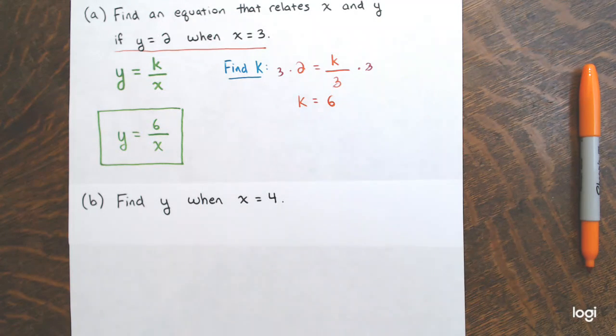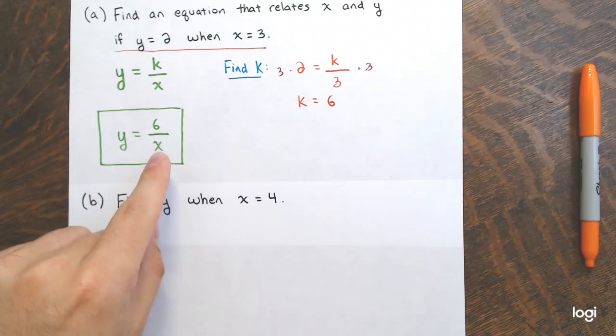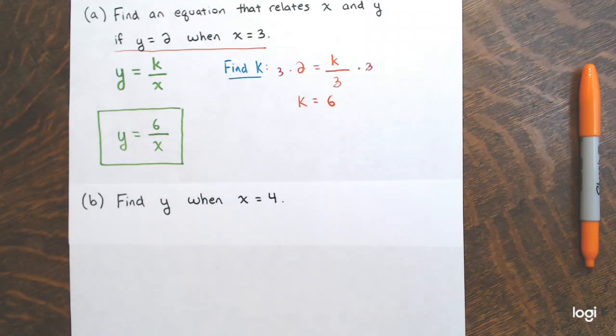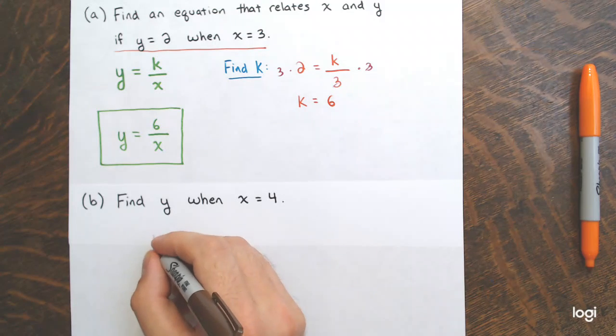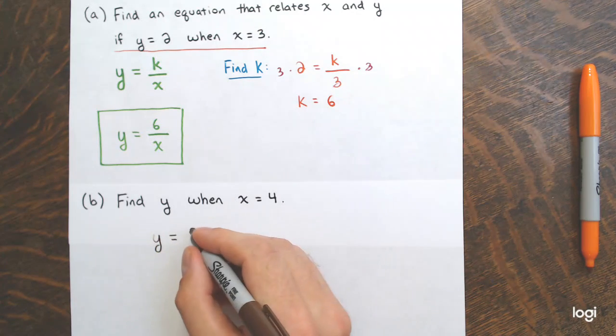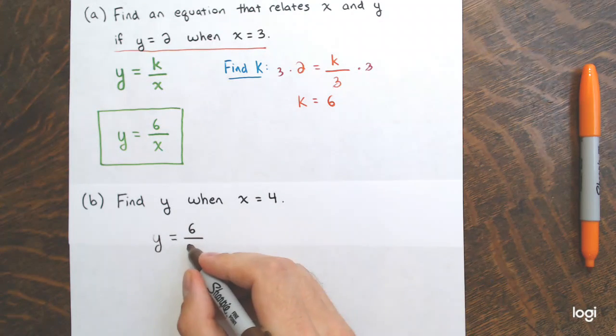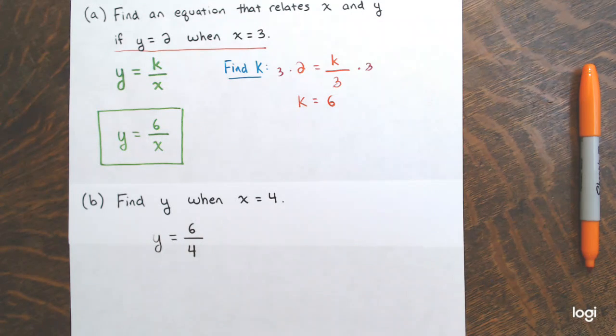That's real simple, I hope. Pop in 4 for x and figure out what y needs to be. So y equals the numerator, k is 6, divided by x, which is 4. And there you go, y equals 6/4.